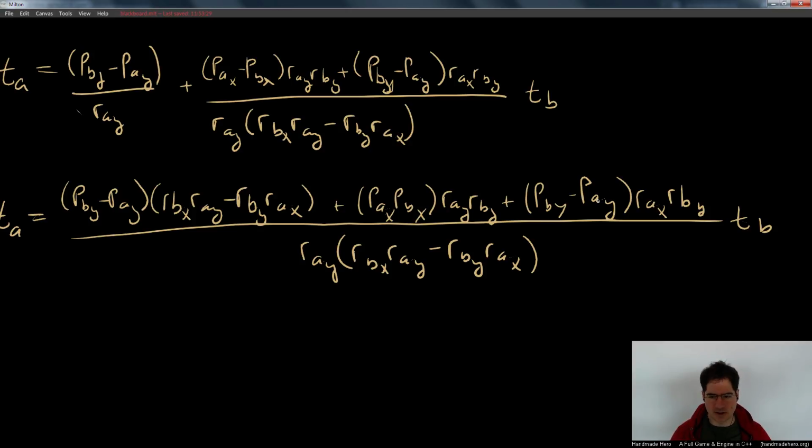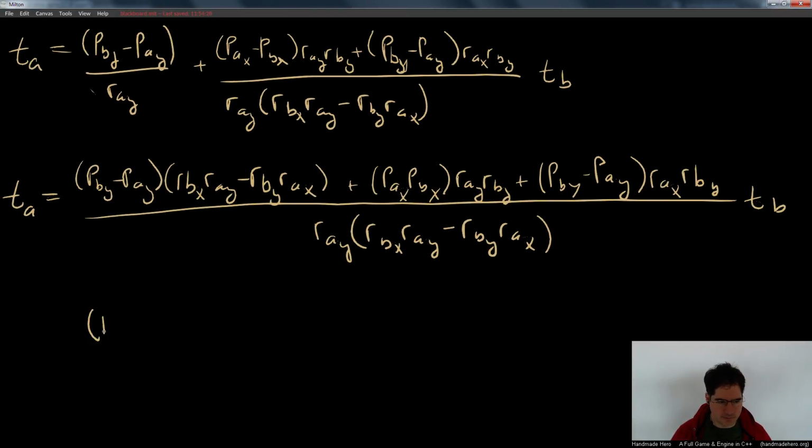So that actually groups together, and we would end up with a single term here that was RBX, RAY, RBX, RAX, plus the RAX, RBY term. And so we can go ahead and do that one. This would be PBY minus PAY is this term.